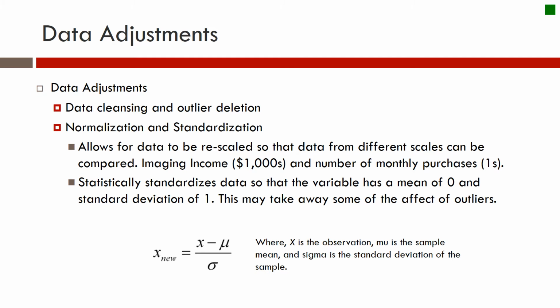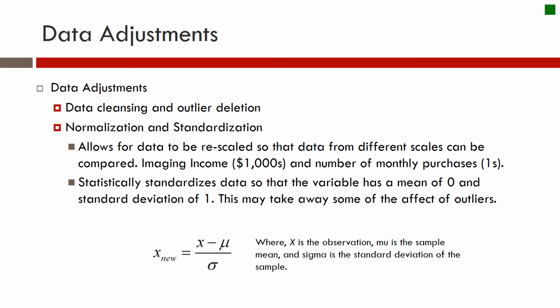So you may have thousands in terms of the magnitude of the variable, but you may be comparing that to maybe the number of monthly purchases, which is maybe 1 or 2 or 10 or something like that. So we have a different scale going on here. We have two variables scaled differently, and when you try to compare a number in the hundreds of thousands to a number in the ones, sometimes you lose the effectiveness of that.